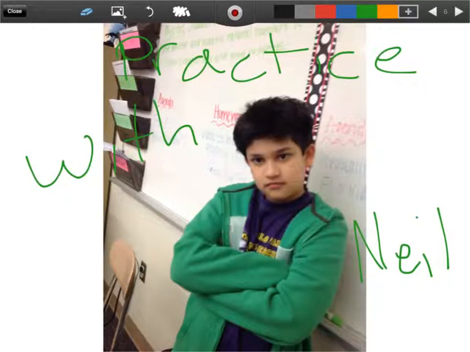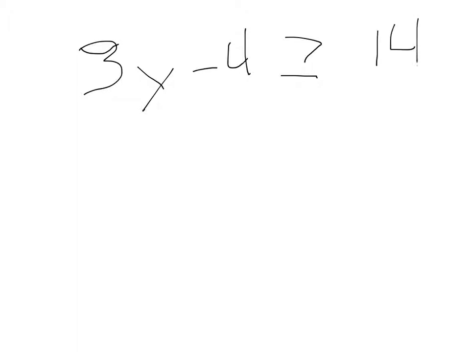Now we do practice with Neil. Okay, so on this slide, the problem is 3y minus 4 is greater than or equal to 14. So you add 4 on both sides.